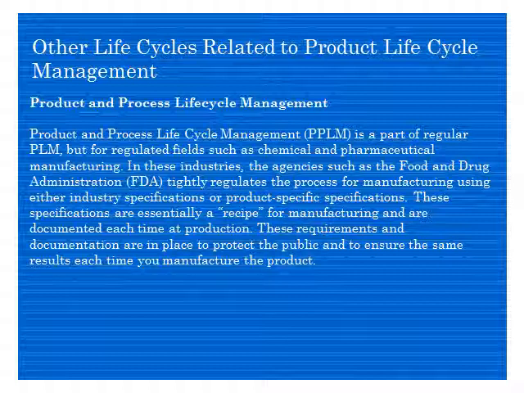These are basically a recipe for manufacturing, or the process for manufacturing, and those should be documented properly. Whatever documentation is done for the recipe, like in the chemical or pharmaceutical industry, maybe for medicine or some chemical process, should be tightly followed.